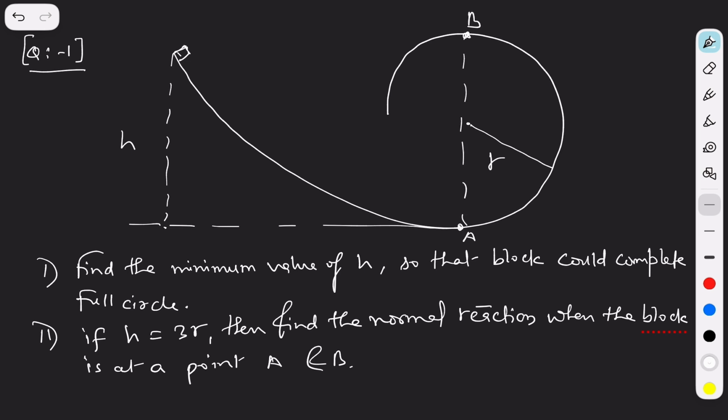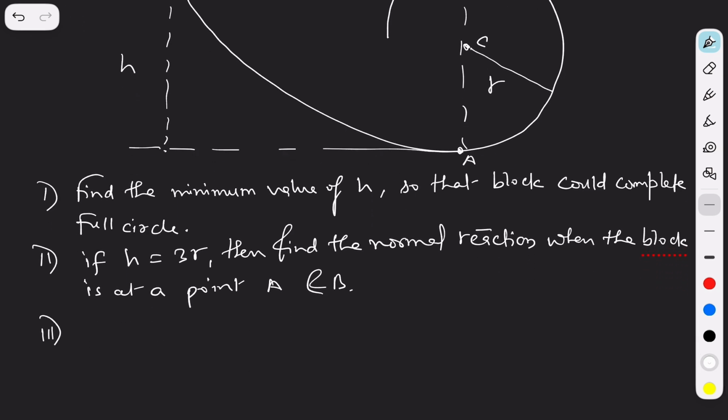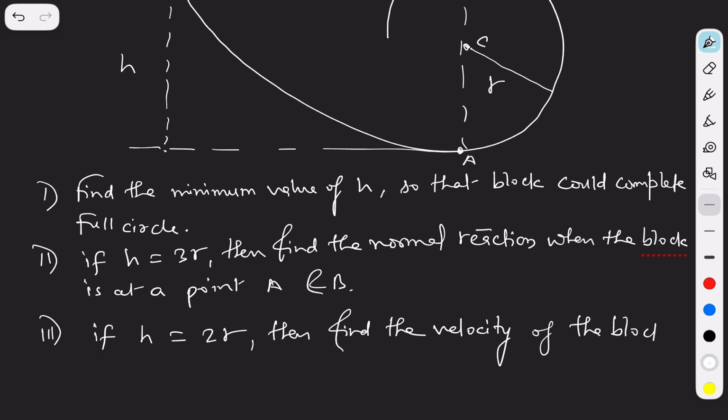And the third problem, guys, is that if h is equal to 2r, then find the velocity of the block when it loses the contact with the track.